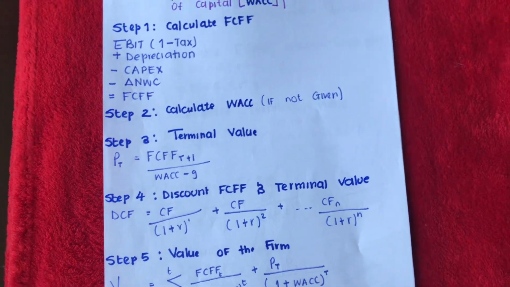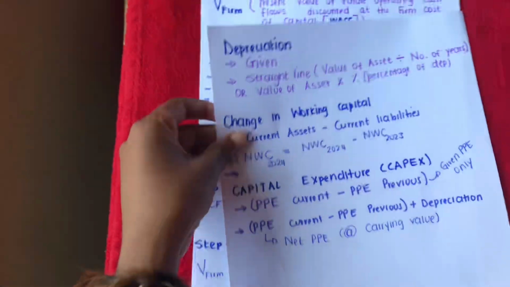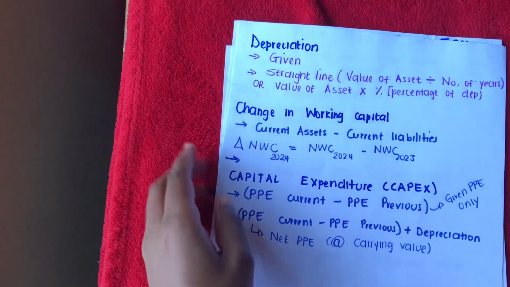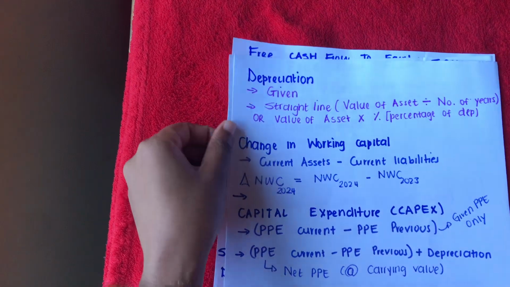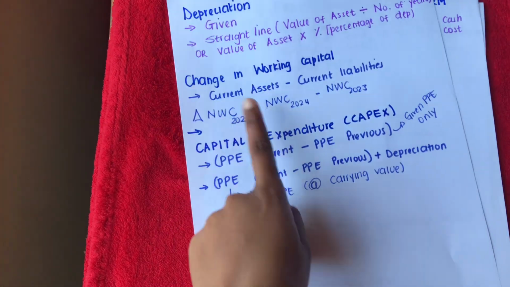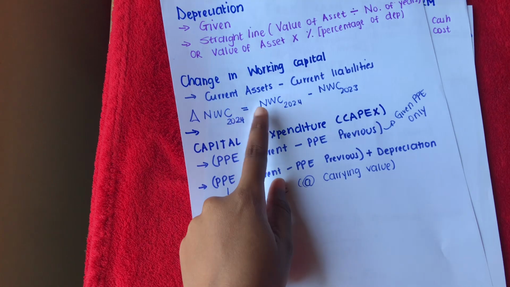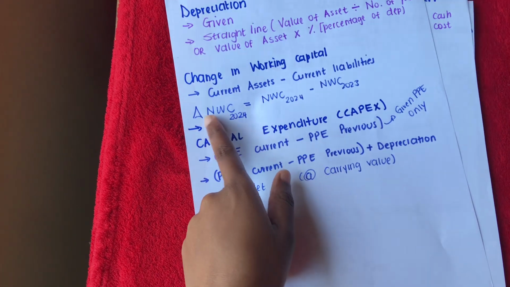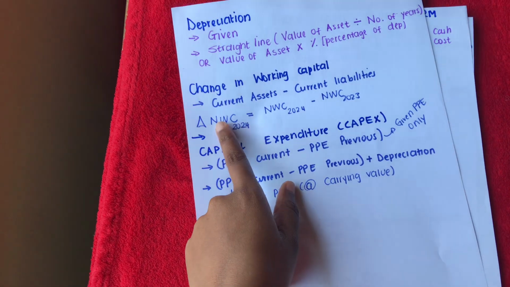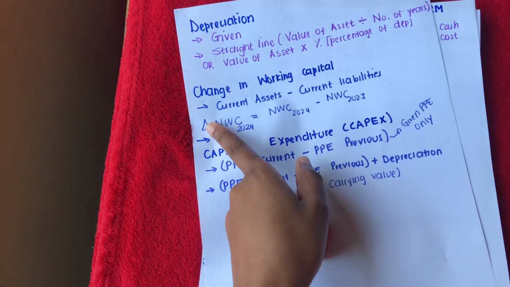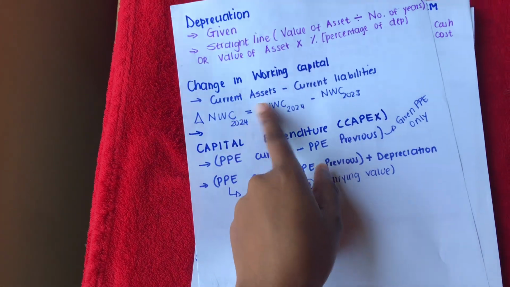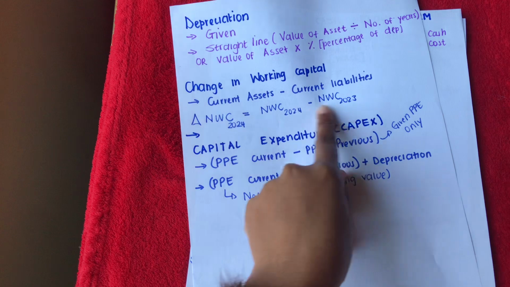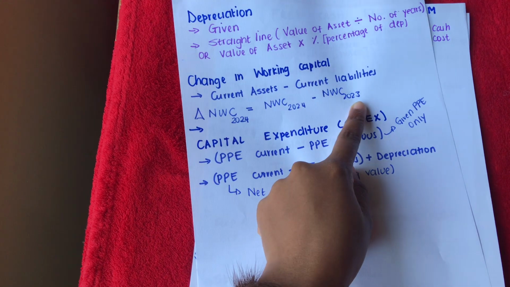I did show you guys how to calculate the depreciation if not given, and then the change in net working capital, where they always put a trick. It is in how they structure the wording of the information they've given you. They might say that you need to calculate the net working capital, but they only give you the growth, where you need to grow your net working capital.